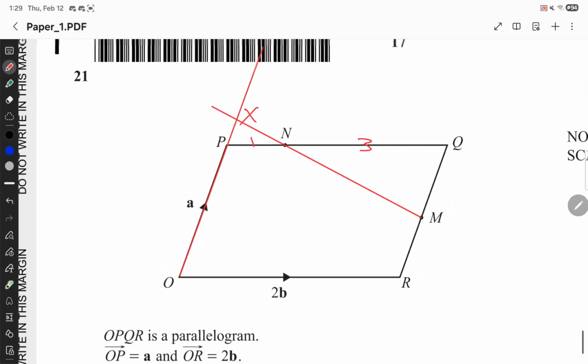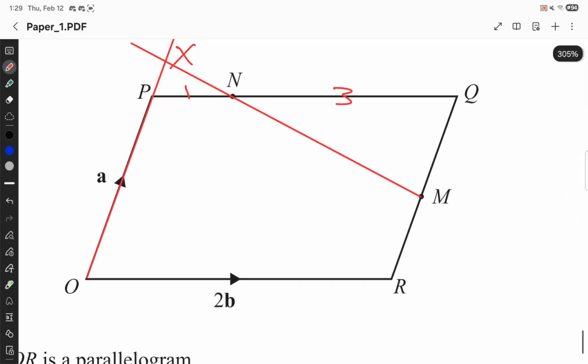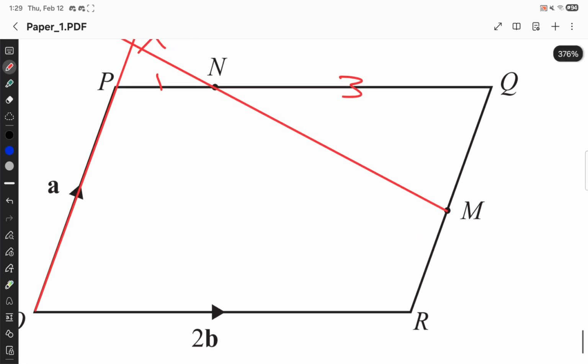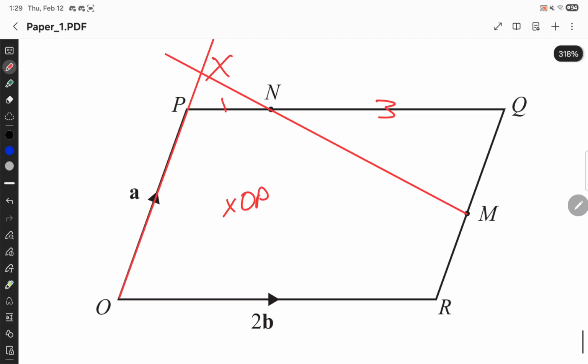Okay, so what did we do? We first knew that we needed to extend OP by some multiplier. Okay, so we named it OP is equal to OX. Next, we knew that if we extend MN, then we need X also.